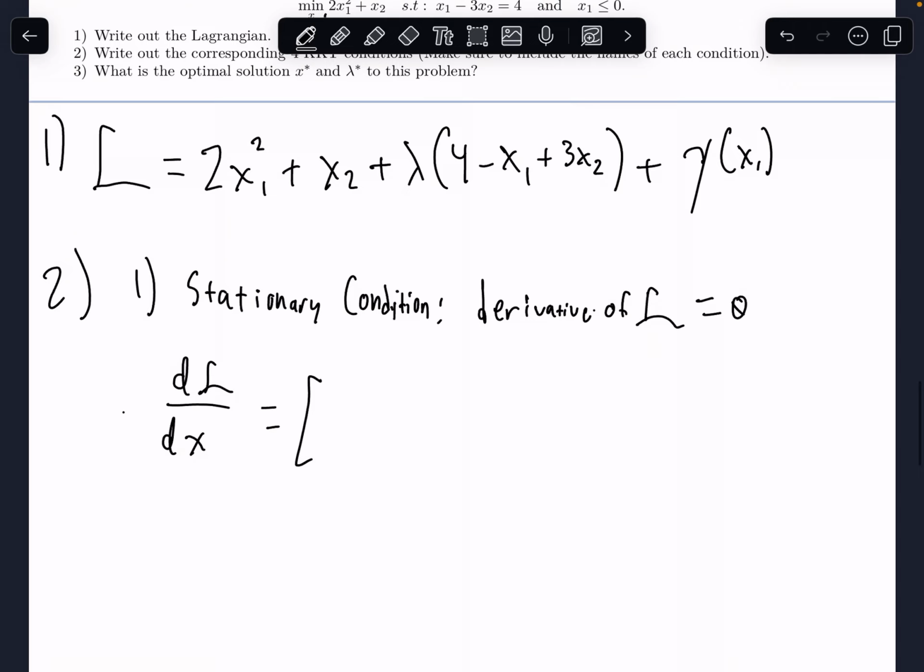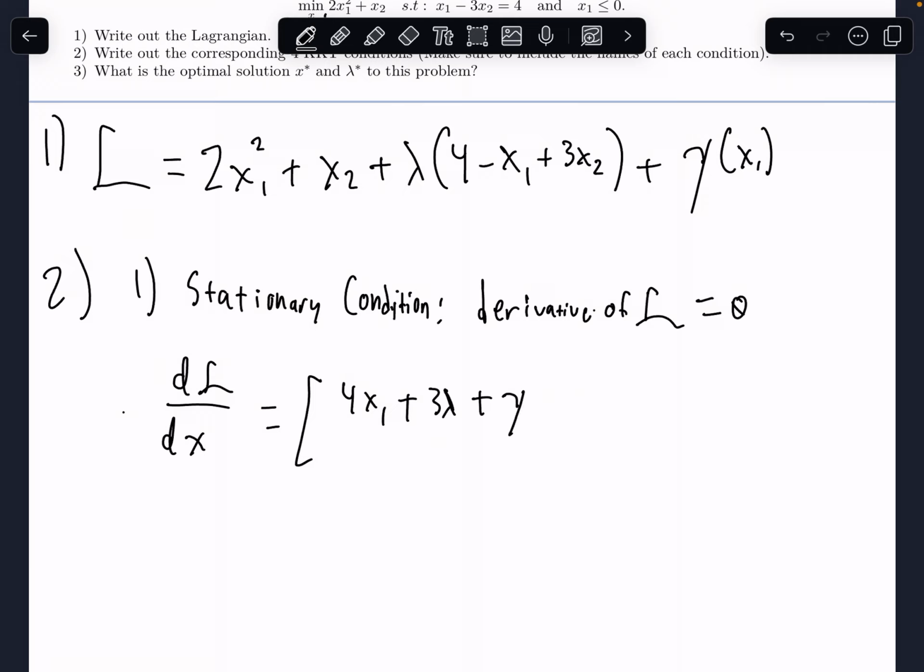You notice that we have x1 and x2, so we differentiate the top with respect to x1 and the bottom with respect to x2. So here we would have 4x1 plus 3 lambda plus gamma.